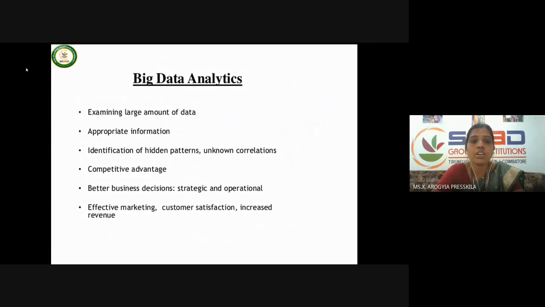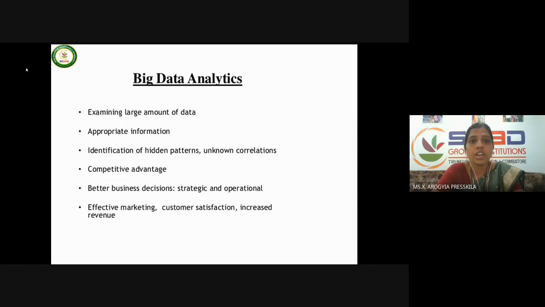So from this data, what can you do? You can examine the large amount of data. Why examine it? Because there is so much data, and if you need something, you can analyze the data and take whatever you need. For example, suppose you want to go to a library and need a particular book, you can search for the book.